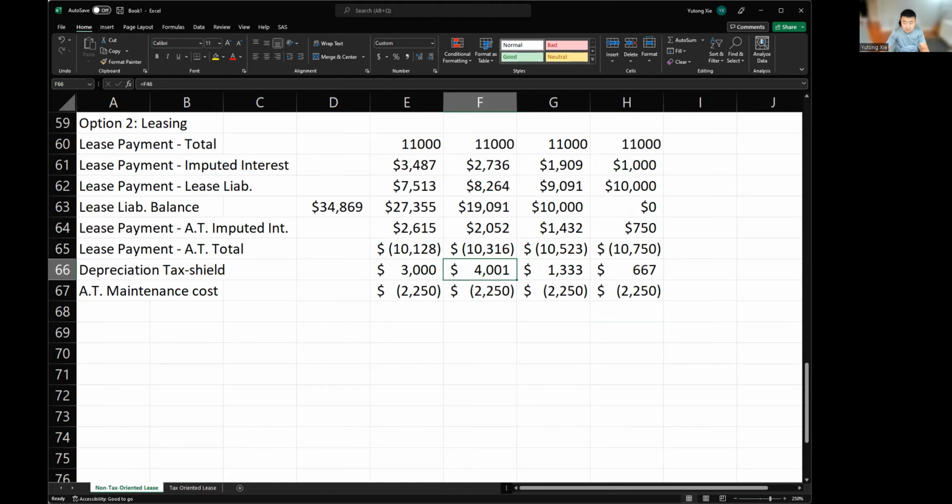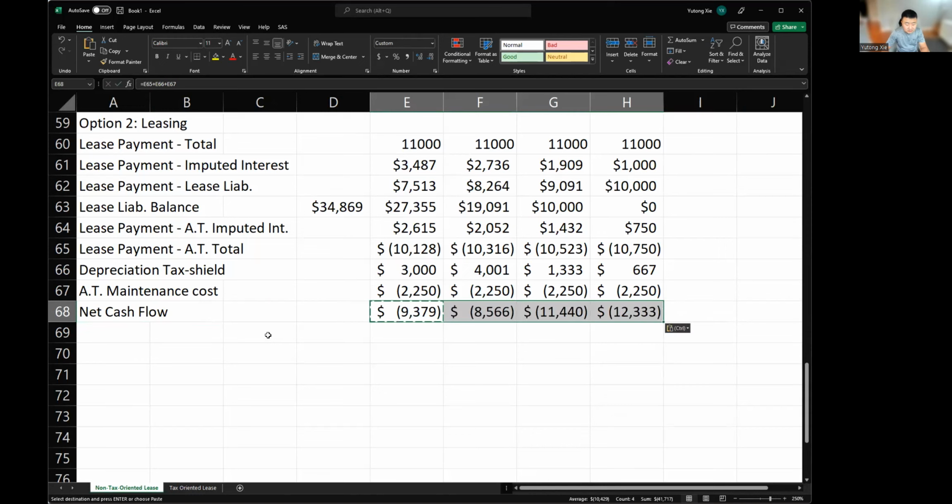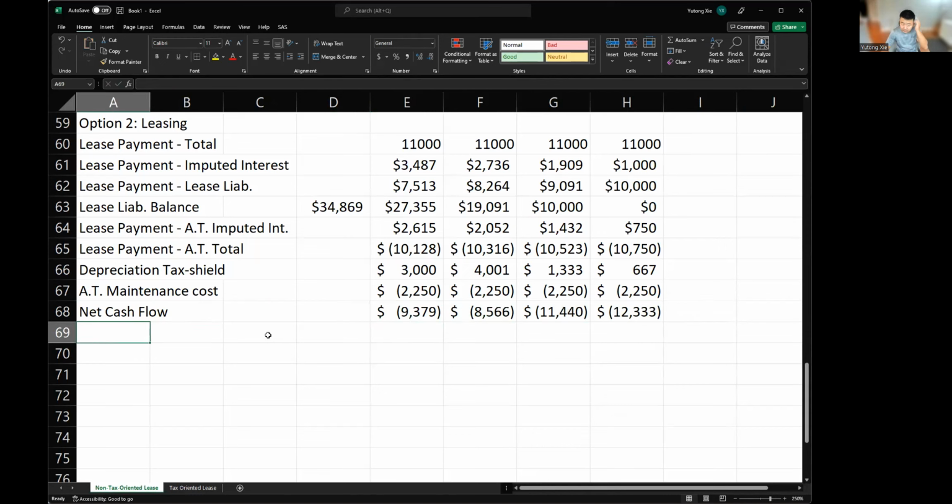And what is it? Net cash flow. We'll just do the lease payment plus depreciation tax shield plus, sorry, plus the after-tax maintenance cost. And I got everything here, and then the period of leasing.